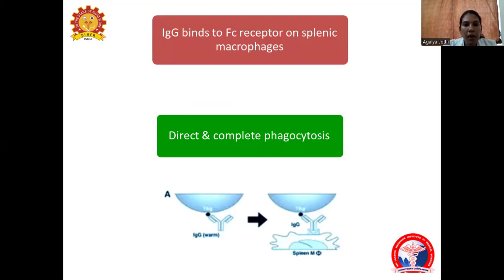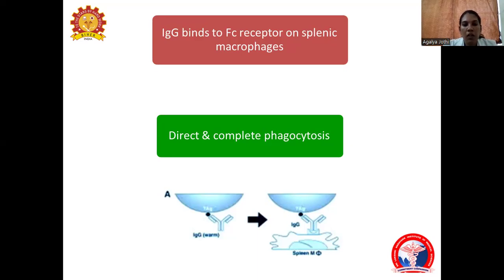The warm antibody, as I told already, is IgG type. Here the IgG binds to Fc receptors on splenic macrophages. Once bound, the macrophages produce proteins that enter the RBCs and there will be complete lysis of RBCs.